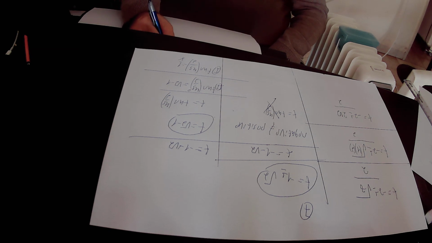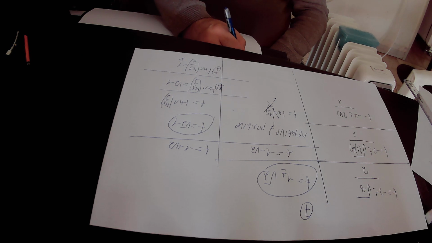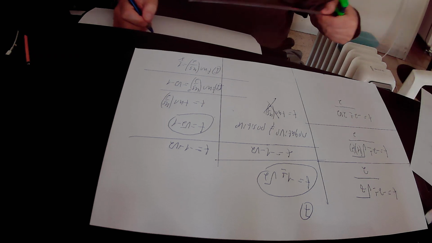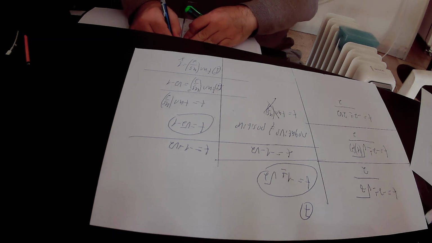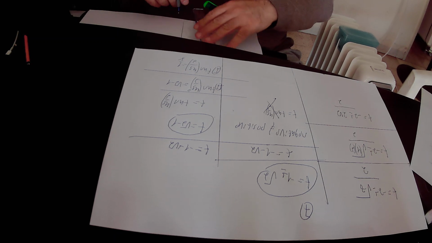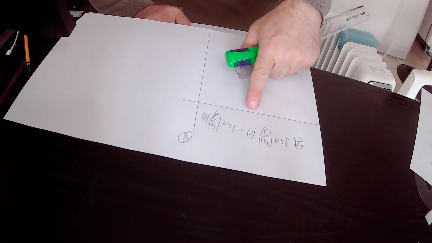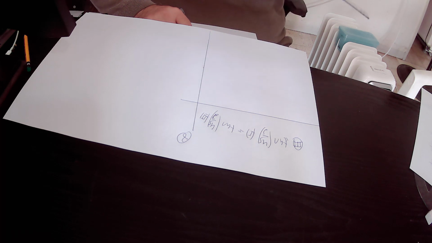According to equation number 3, tangent 45 over 2 degrees according to equation number 1 must be equal to tangent 45 over 2 degrees according to equation number 2.